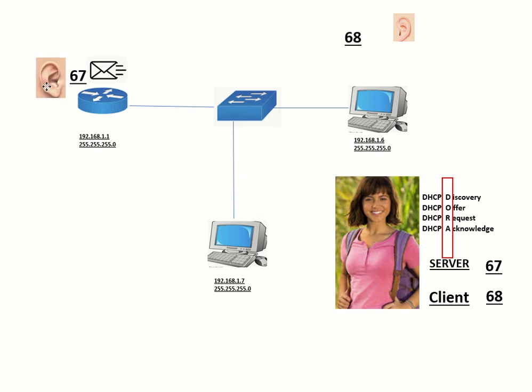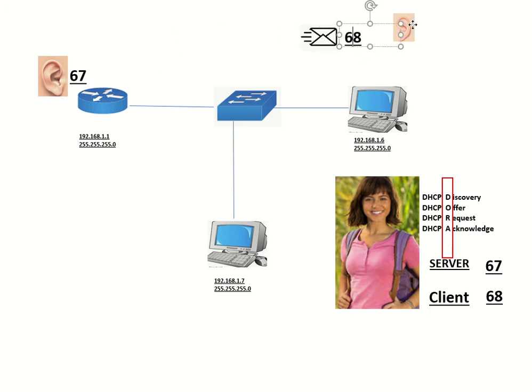The arrow here tells you that this server's port 67 is the listening port. So it listens for any DHCP discover message on port 67. Any response from the server comes out from port 67 and it goes to port 68 of the client.